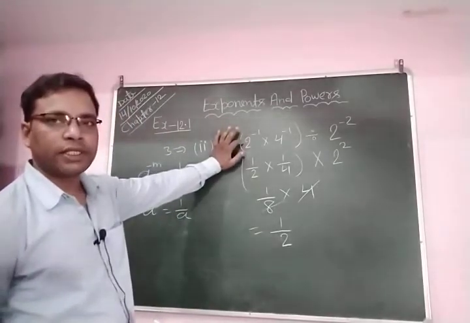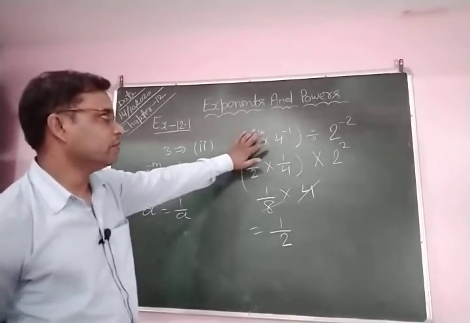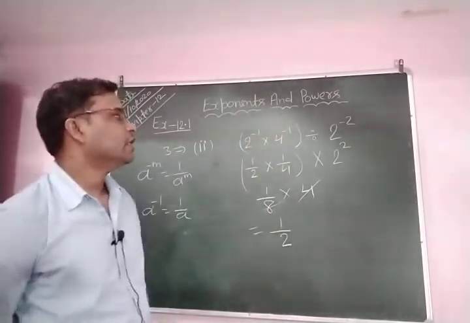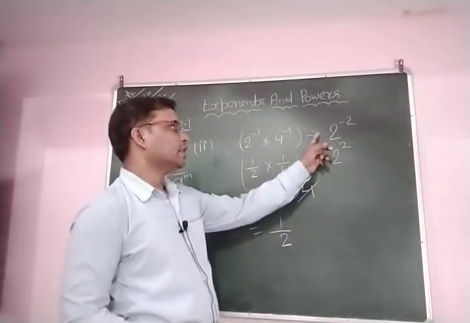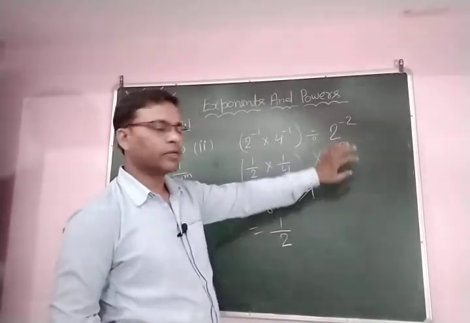2 power minus 1 is equal to 1 by 2, and 4 power minus 1, this is equal to 1 by 4. Here you can see this is a case of division. When you change it to multiplication, then you write the reciprocal. Okay?